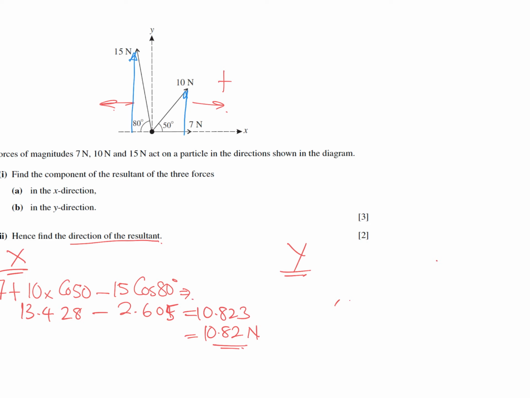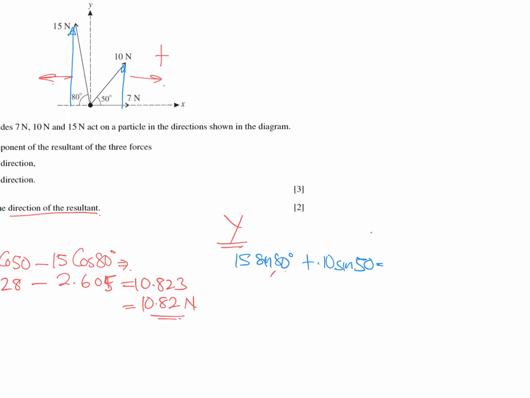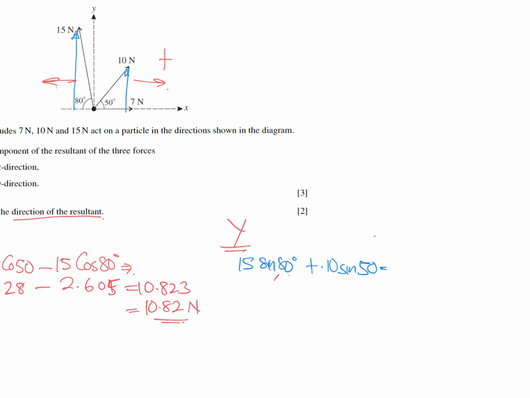Summation of force acting in the y direction. So for the first one, 15 sine 80 plus 10 sine 50 is the total for the force acting along the y direction.